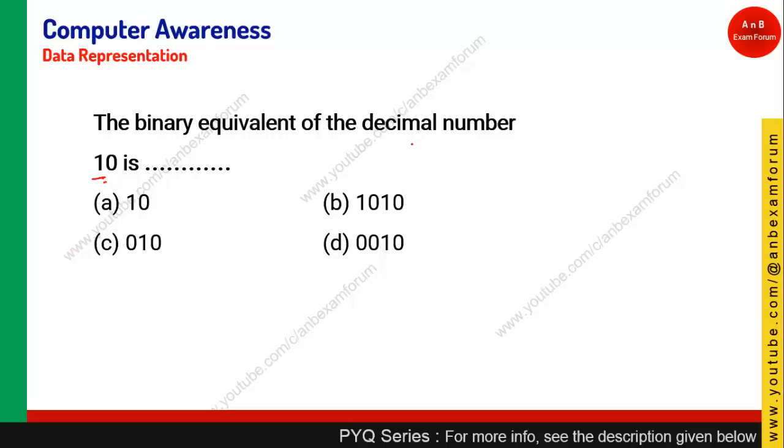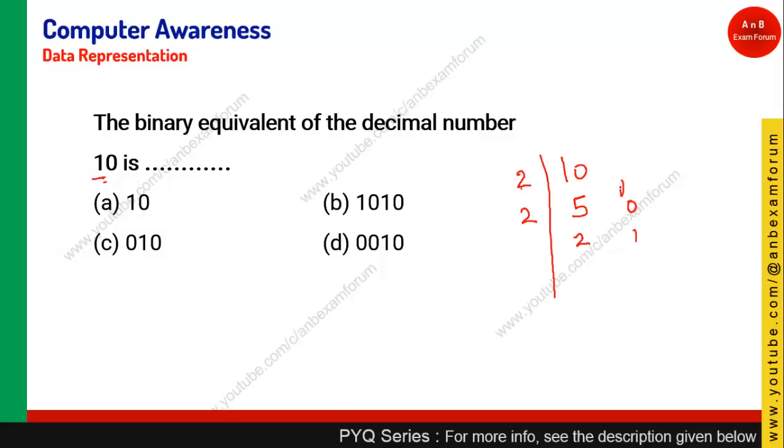In order to convert decimal to binary, you need to divide by 2. So we are dividing 10 by 2; 2 fives are 10, and the remainder is 0. Again we divide 5 by 2; 2 twos are 4, and you have remainder 1.